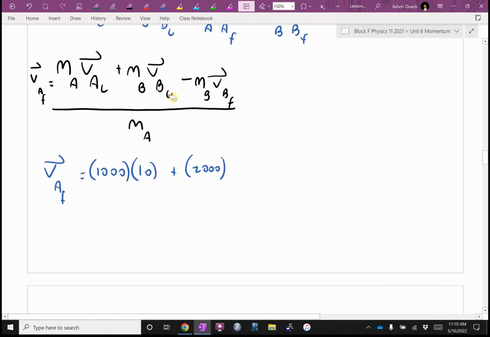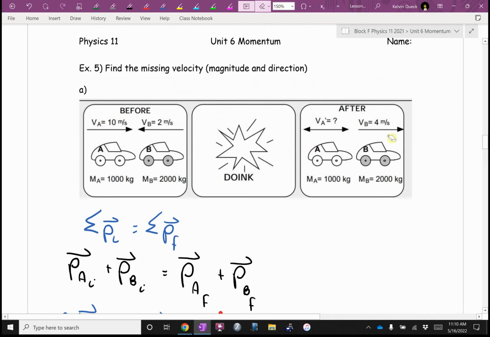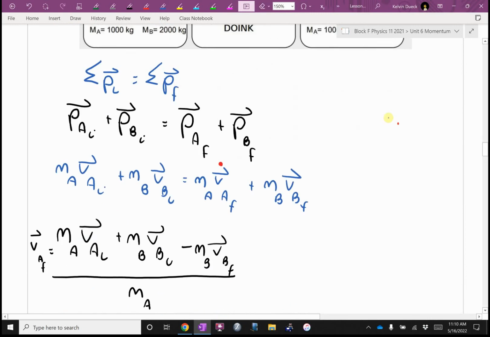Okay. And then there's a minus sign, and you just told me mass B was 2,000. What was velocity of B final? And make sure you're careful with your sign. Which one? 4.